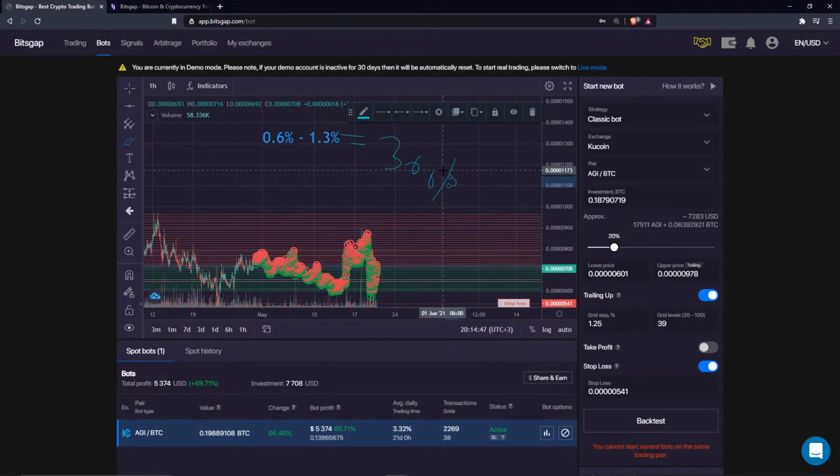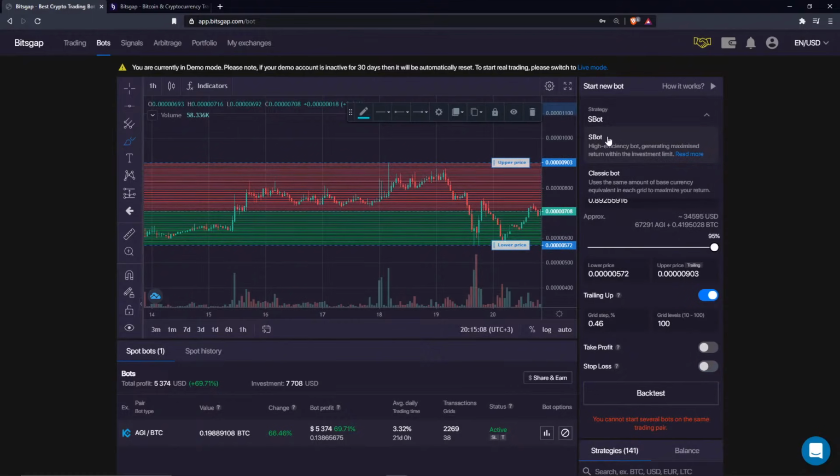That's my high watermark for the bot. If it's 30%, that's cool. If it's more than 30%, even better. I learned from practice that this is the trading range that works for me best when trading the classic bot on spot. But most of the time I'm trading the S-bot strategy.